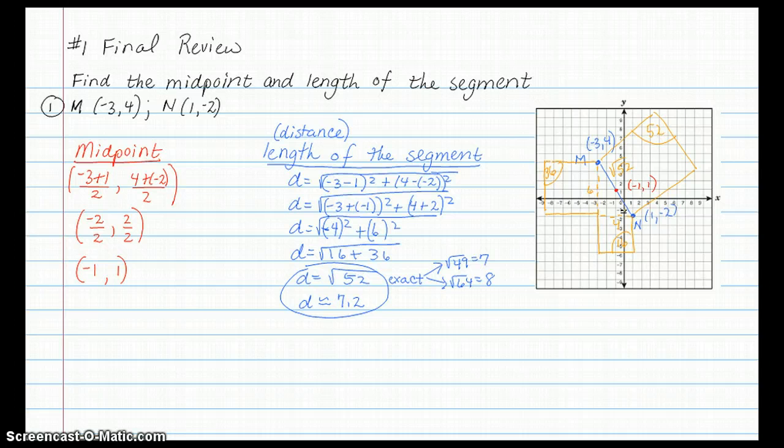Now the distance of this line, I did the sketch first. I made a right triangle. Again, this is a right triangle here. And I am 6 high and 4 across. And 6 squared is 36. And 4 squared is 16. If you take 36 and 16, this is just the Pythagorean theorem. A squared plus b squared equals c squared.